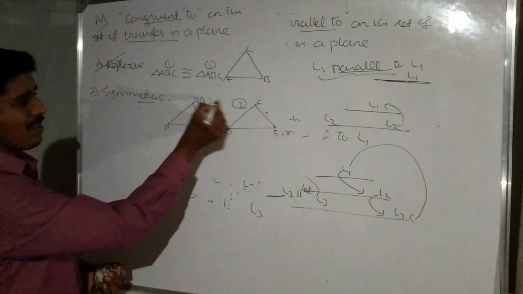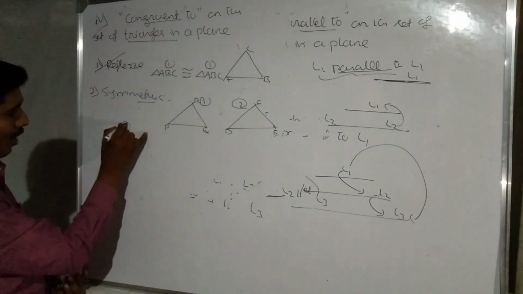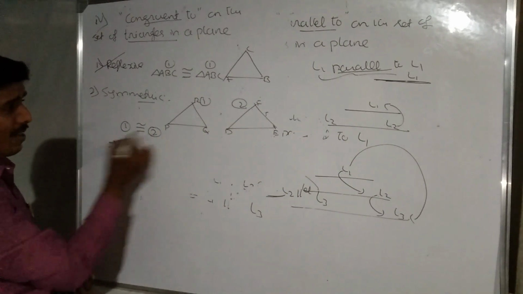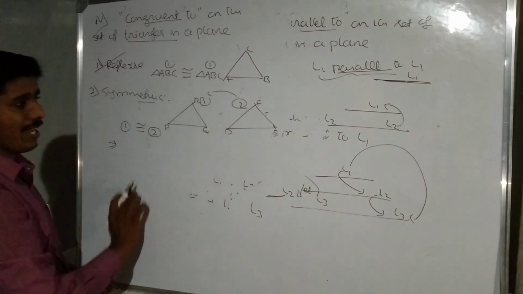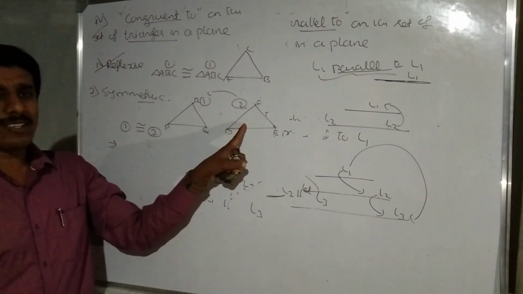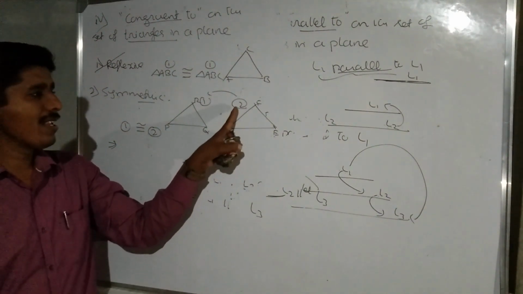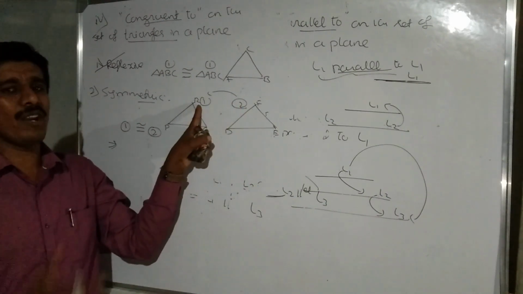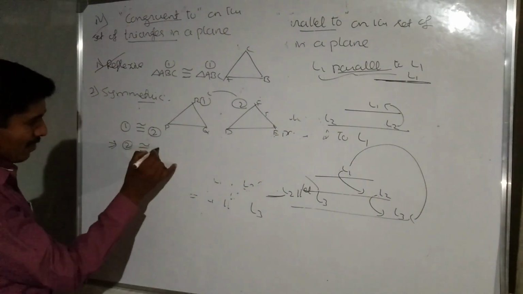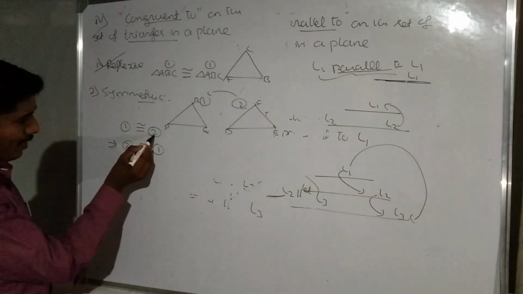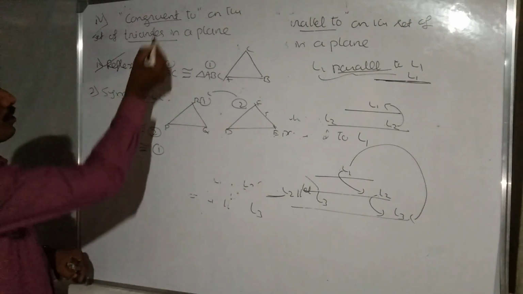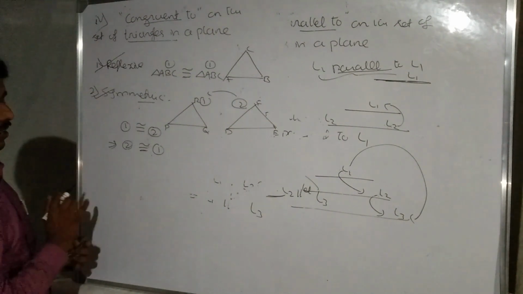Here first triangle is congruent to second triangle. What is the relation between second triangle and first triangle? First triangle is congruent to second triangle means two triangles are congruent to each other. Then second triangle is also congruent to first triangle. Means A related to B implies that B related to A. Therefore, congruent to is symmetric.